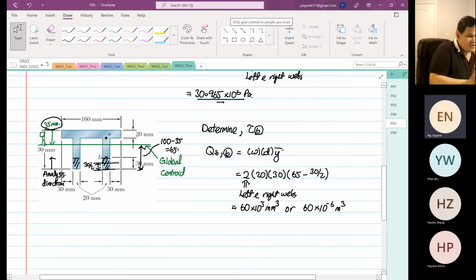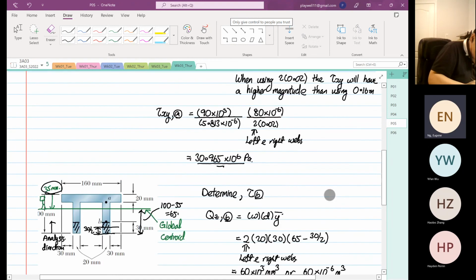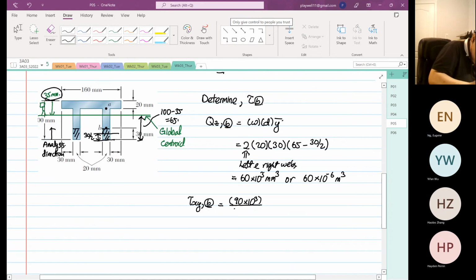Once the first moment of area is done, it is so easy. Then you just need to find the shear stress at point B. This is equal to 90 times 10^3, I is 5.813 times 10^-6, multiplied by 60 times 10^-6, divided by twice the thickness, 0.02.